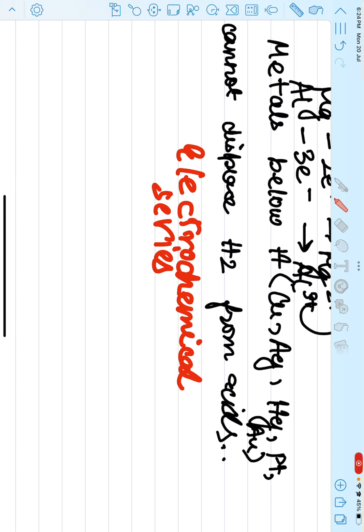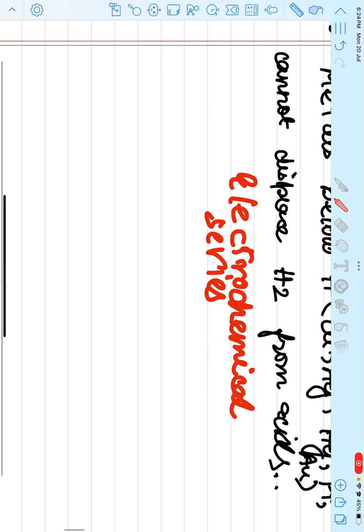So if I have SO4 2 minus and OH minus, who will get discharged? It's the hydroxyl ion which will get discharged. Why? Because hydroxyl ion is below in the order. Let me show you the order.